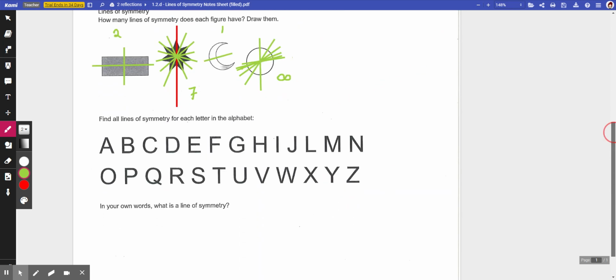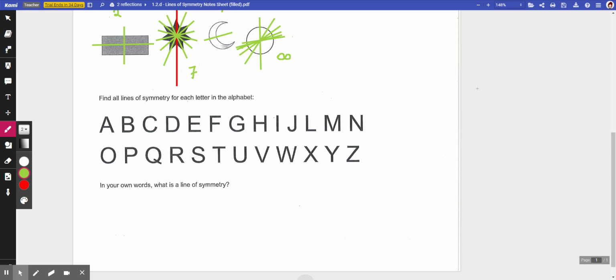So now for the alphabet, the letter A has a line of symmetry here.